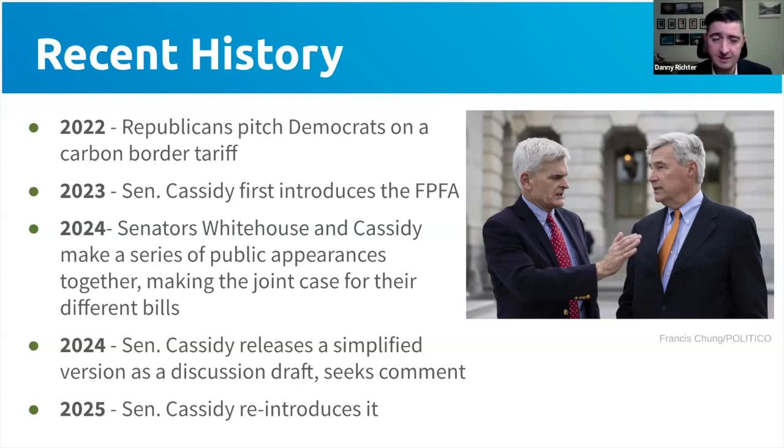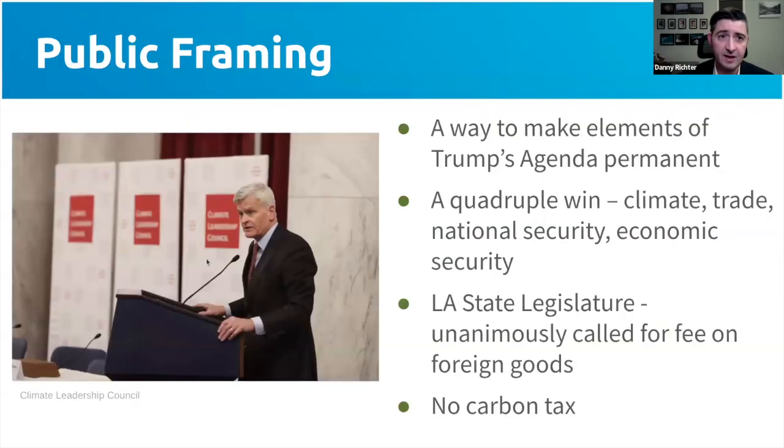We provided our thoughts, and you can see a lot more support as a result of that, and a simplified bill, which doesn't always happen when you do this. And then in 2025, in April last month, Senator Cassidy reintroduces it. So that's some recent history, a brief timeline.